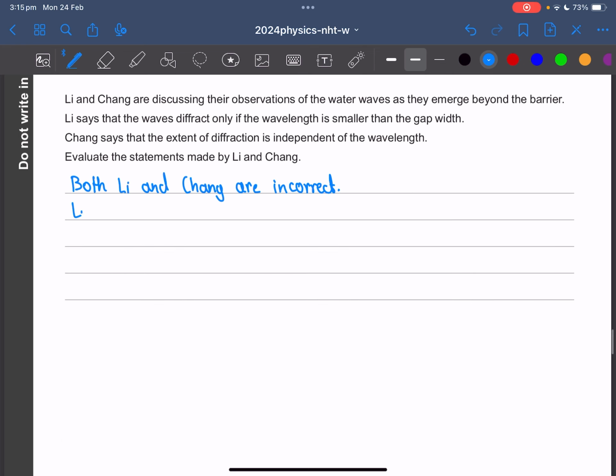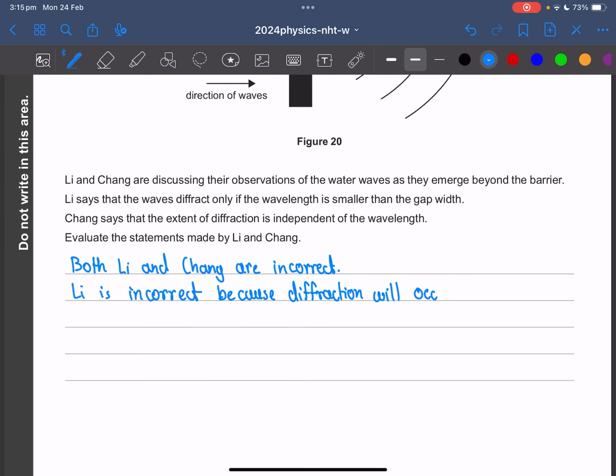Okay, so Li is incorrect because diffraction will occur regardless of the gap width.